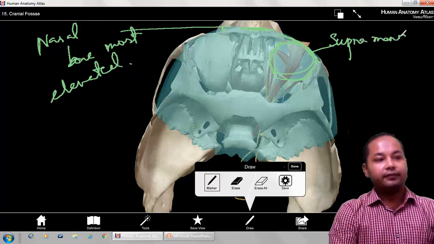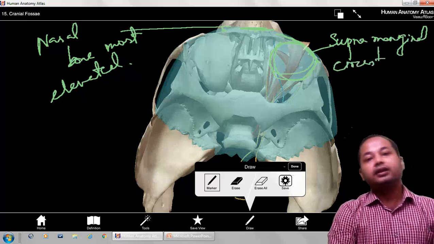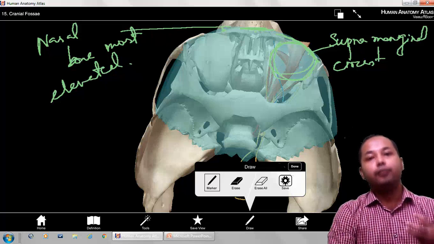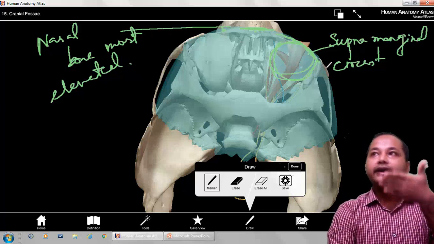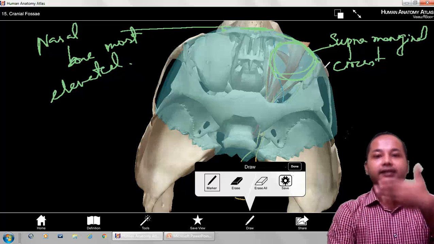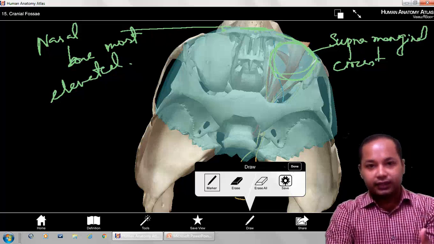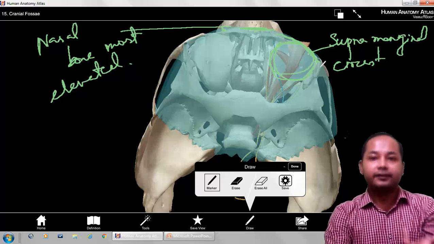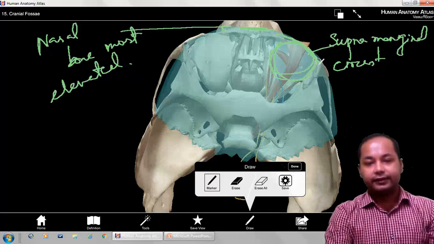Supraorbital margin of the frontal bone is actually covering the eyeball, and it does not allow the eyeball to be directly in contact with any flat surface when you are hitting against it.